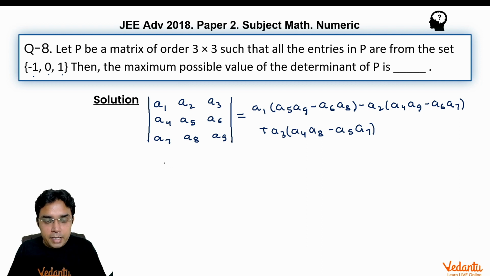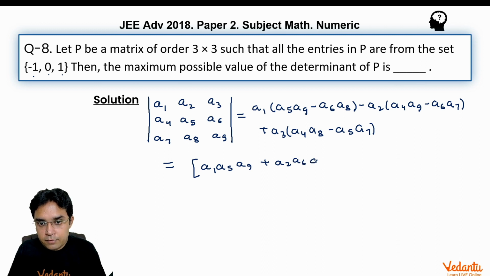Now I am writing those terms which are with plus sign in one bracket. So A1 A5 A9, then A2 A6 A7 plus A3 A4 A8. And let us call them as term 1, term 2 and term 3.